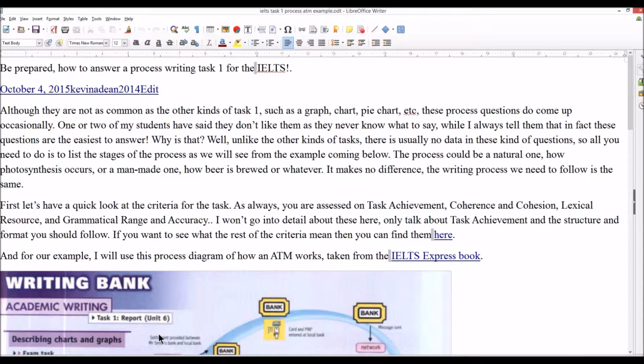So this is why I say the process questions are indeed, as far as I'm concerned, the easiest ones. Now, as always with the academic task 1 questions, there's no figures, there's no data, there's no opinion. We don't need a conclusion. We don't need reasons why the stages are as they are. It's not an essay. It's purely what you see, the number of stages and what happens exactly.